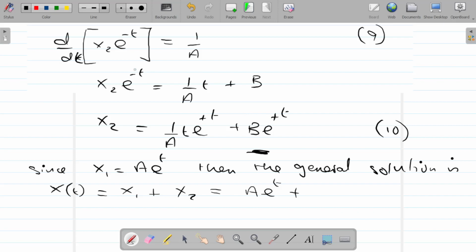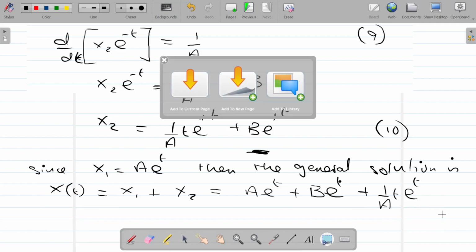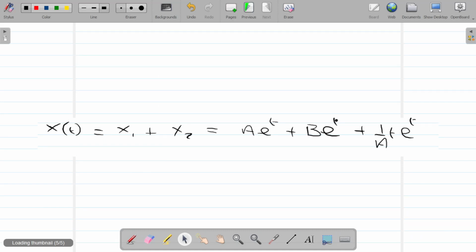You take that e to the minus t to the other side of that equation, it becomes e to the plus t there and e to the plus t there. So we'll add that b e to the t on there plus the 1 over a t e to the t there. So let's cut and paste that. Okay, add to new page.